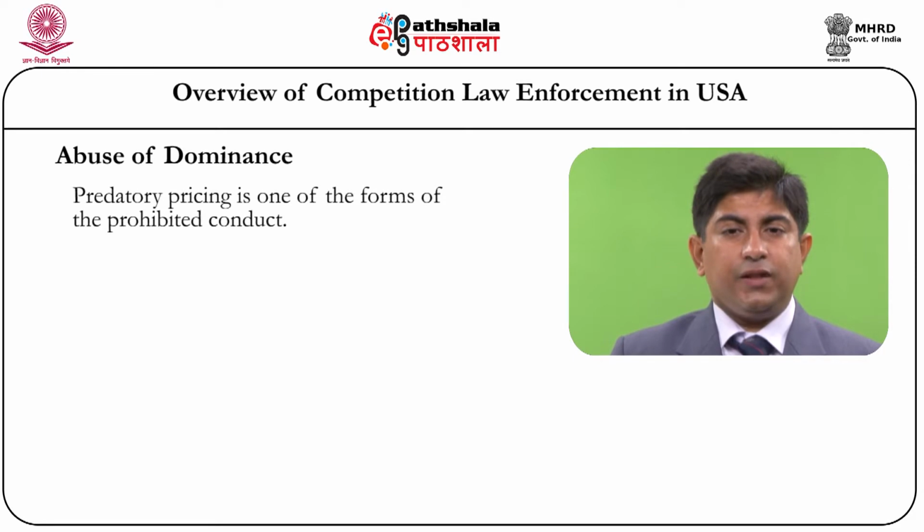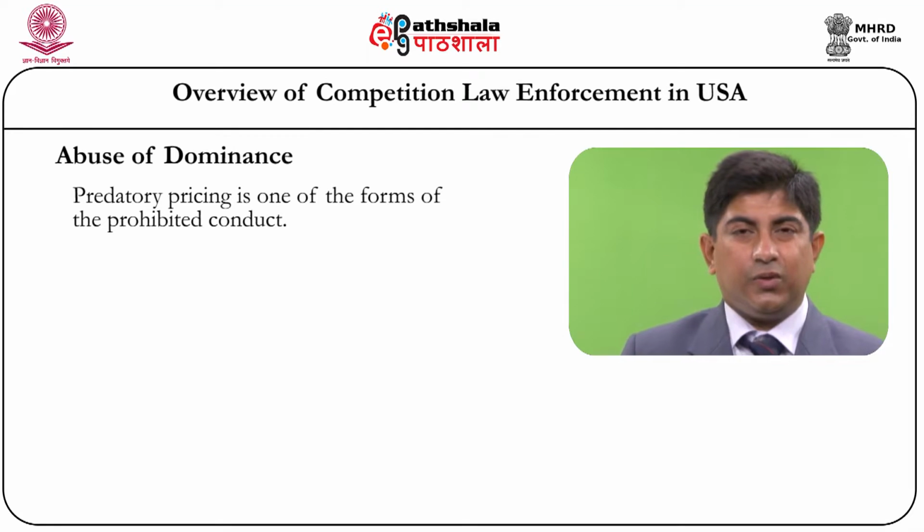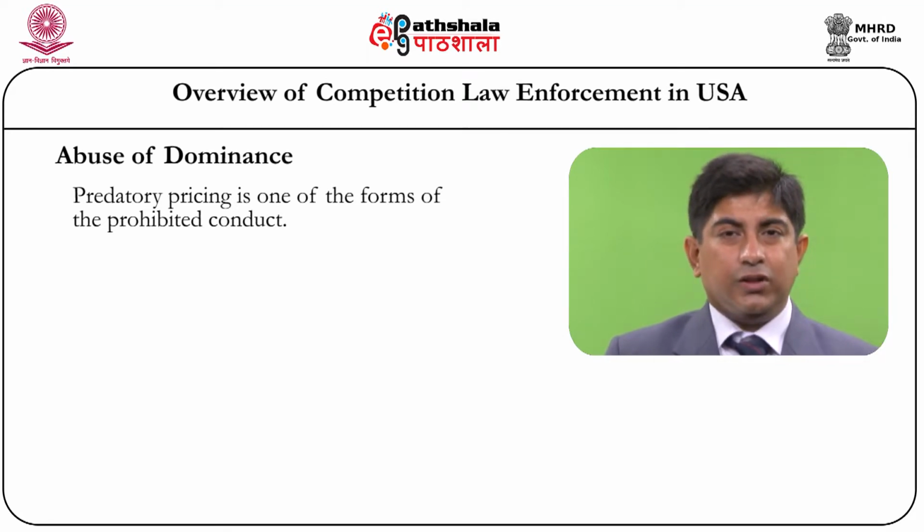Now predatory pricing is one of the forms of prohibited conduct. We understand the predator, even in a jungle or a river, to be the animal, human being or company that has the power of eating up the smaller players.